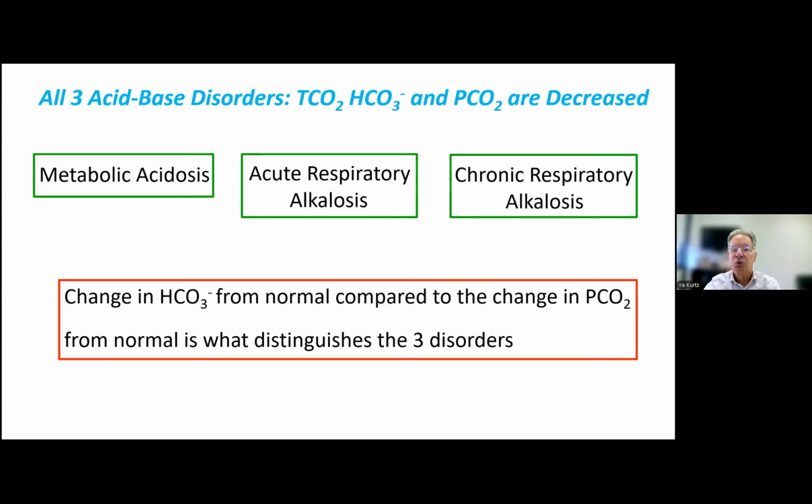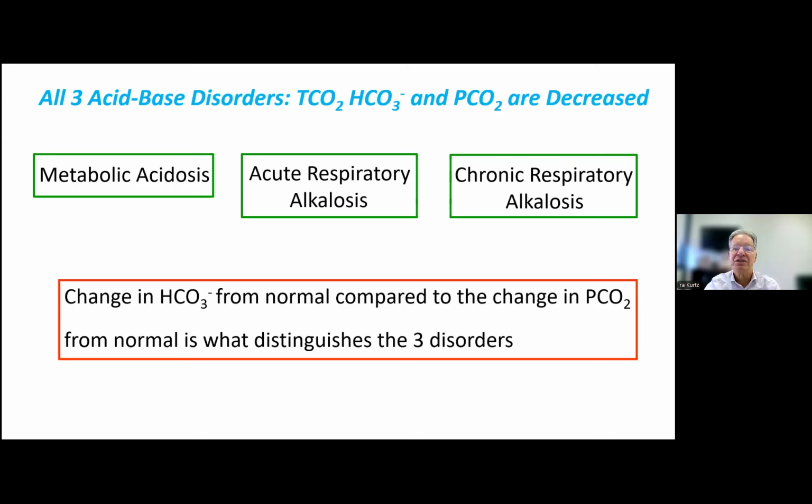And again, we're not looking at the pH, as I mentioned in the last talk and previous talks, because if you look at the pH and decide, is the patient alkalemic or acidemic, or as some people say, acidotic and alkalotic, then you're not going to be able to distinguish these disorders from each other, because that's not enough information to make the diagnosis, or to even diagnose complex acid-base disorders when more than one is present.